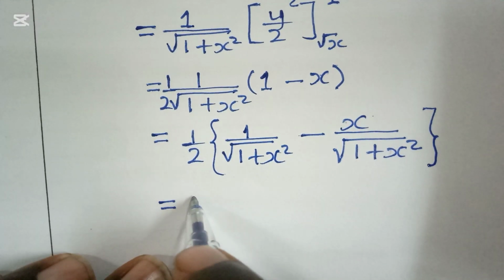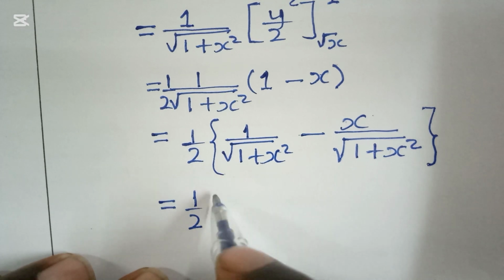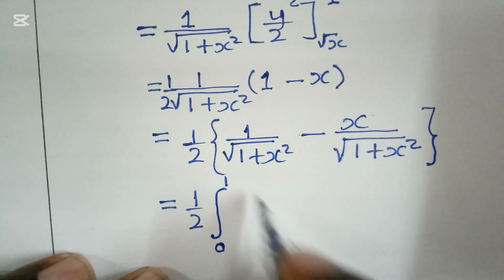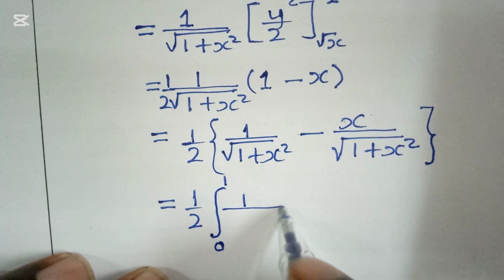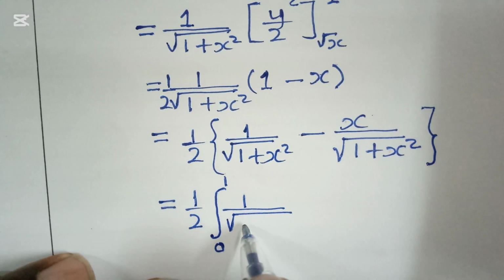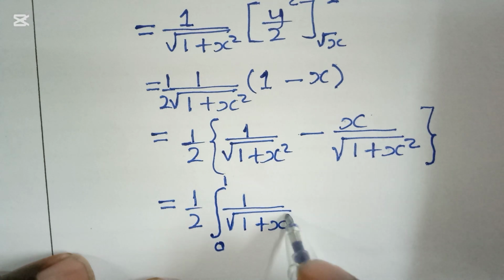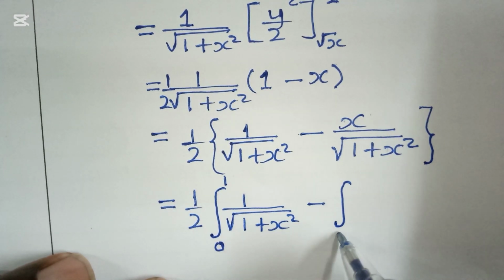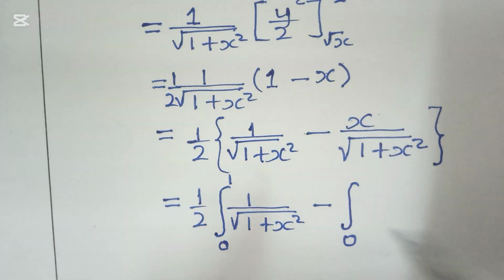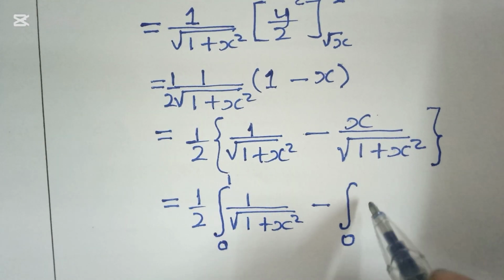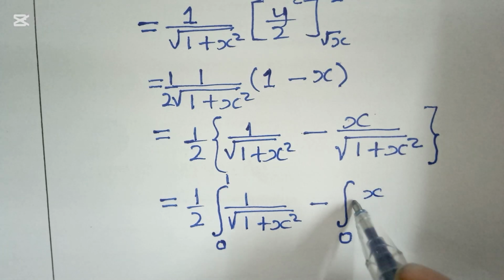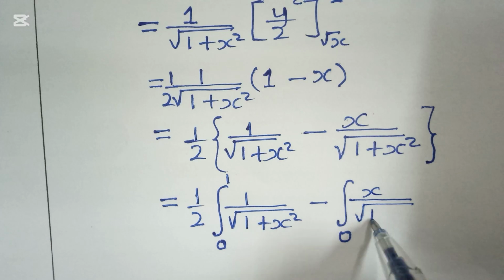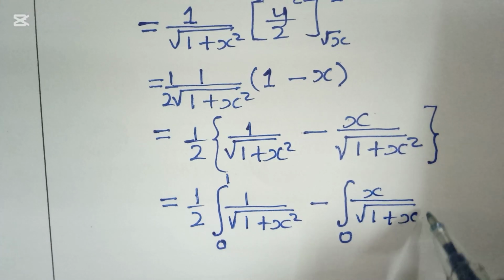So we can put a half outside, integrate from 0 to 1, 1 all over square root 1 plus x squared, minus the integral from 0 to 1 of x divided by square root 1 plus x squared.